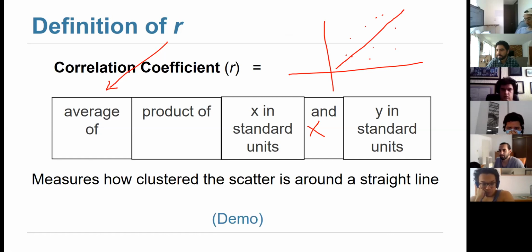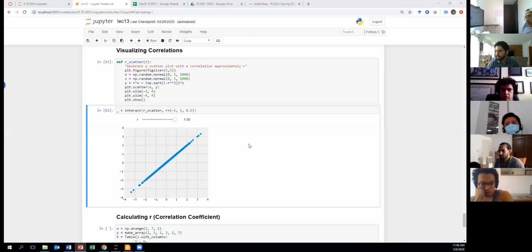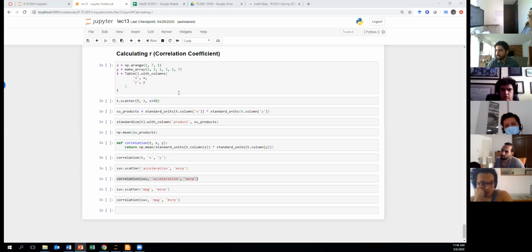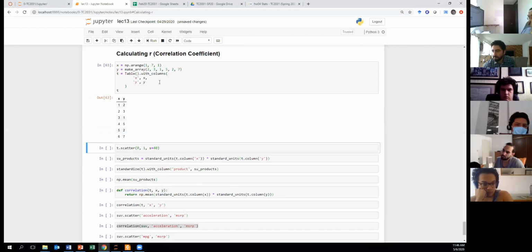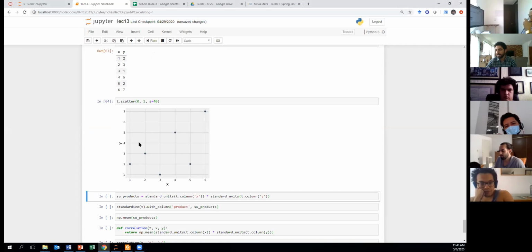So let's go back to see a demo of it. Here I have these x and y values. If I do the scatter plot, this is what I see. It's a bit cloudy, but there still looks like some relationship, correlation between x and y.